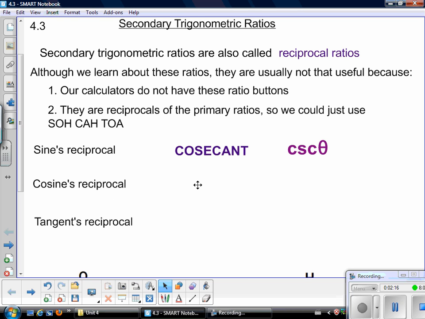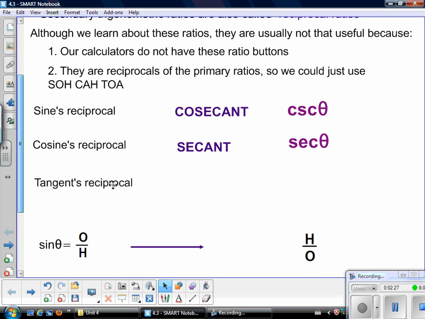Cosine's reciprocal is called secant, and the short form for that is sec, S-E-C, theta. Then we get to tangent's reciprocal, which is called cotangent, and so we use cot, C-O-T, theta. Now, I'll be perfectly honest, when I was in high school, I really got confused between these, because to me it made sense that C should go with cosine and S should go with sine, and it was the opposite.